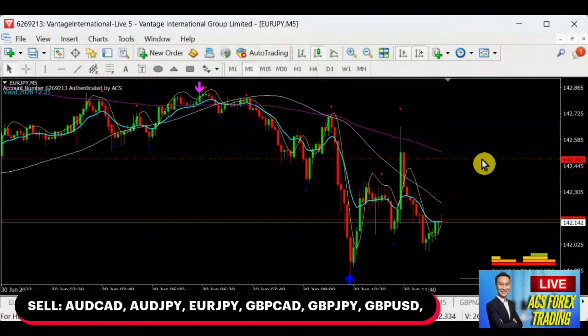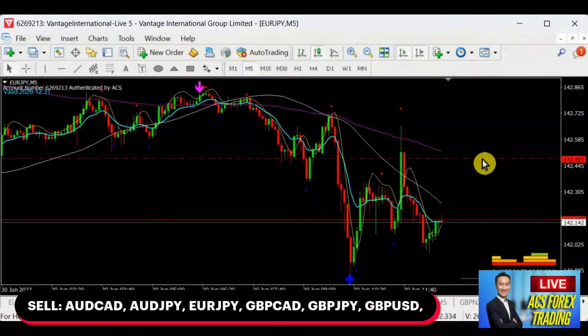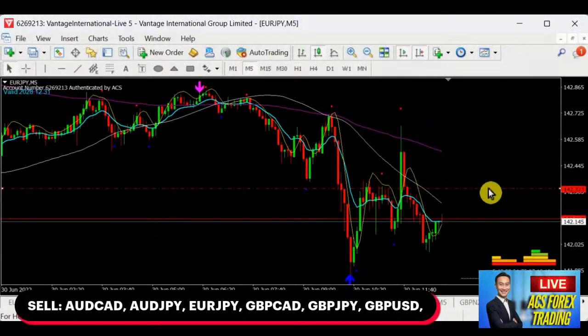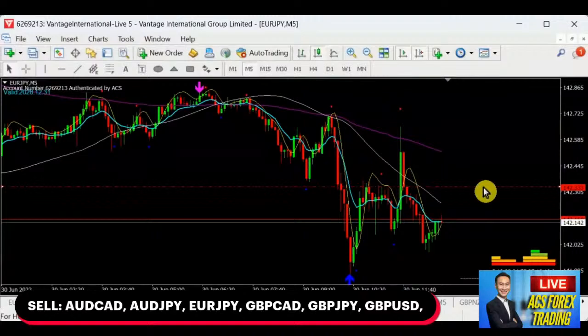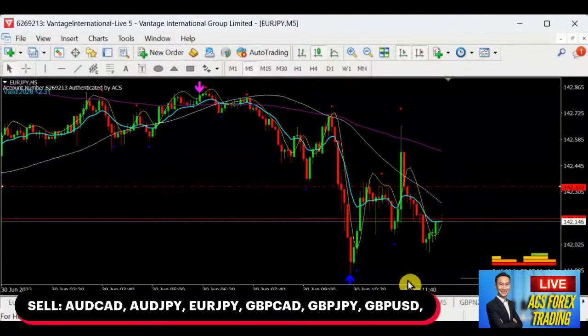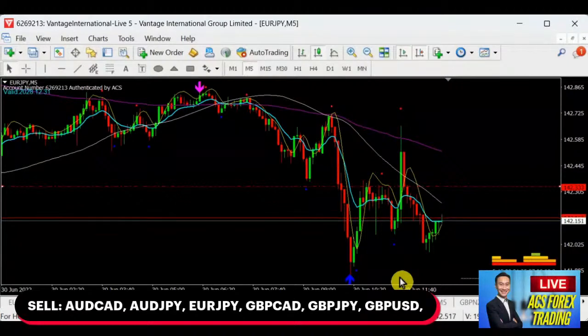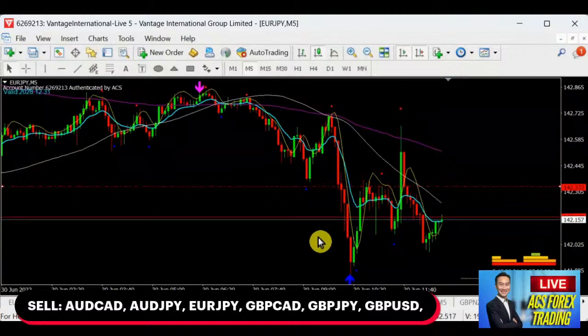I would say that it is running out here, as you can see, this area of resistance here. Head and shoulders is very highly possible. Correct? Highly possible. So this is something for euro yen that we need to take care of.